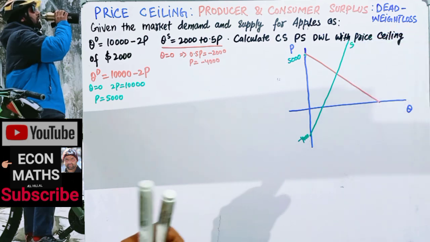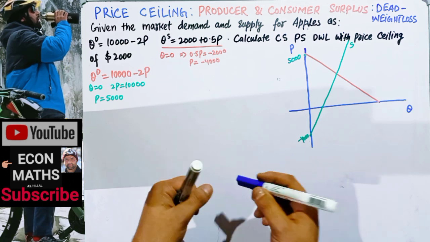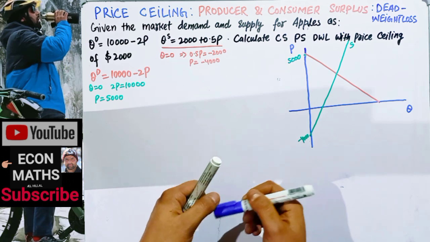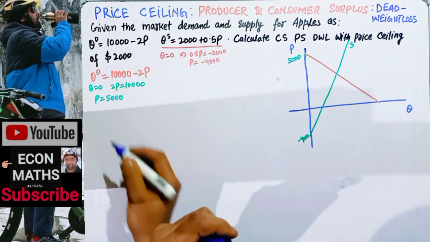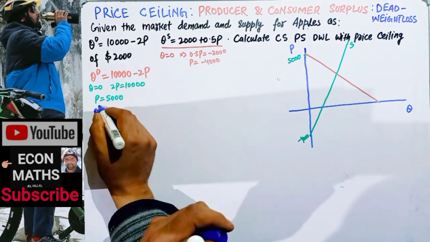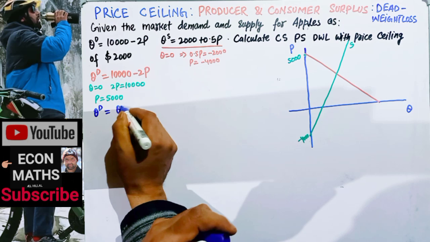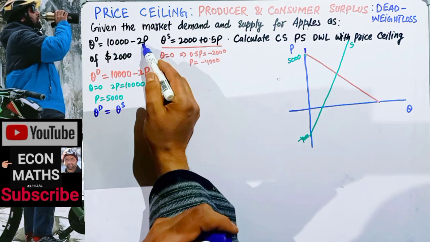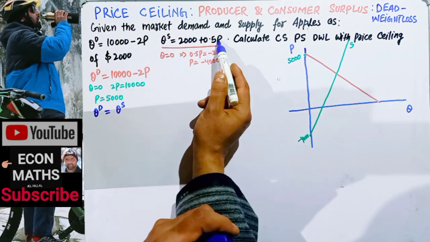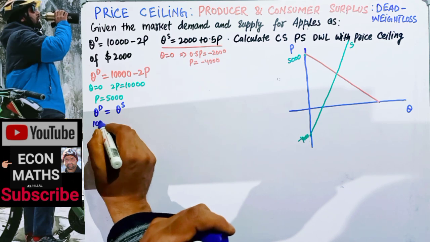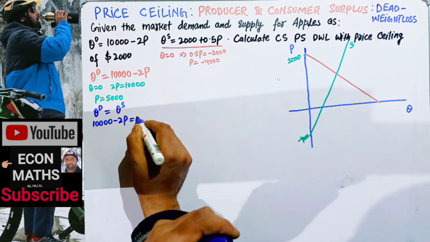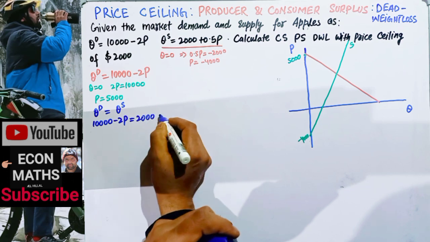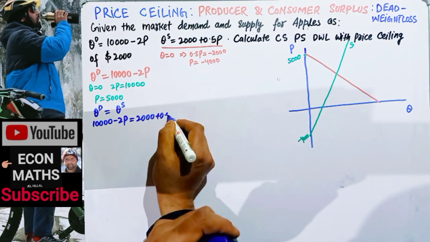Okay, now first we will find the equilibrium without the price ceiling. Equilibrium without price ceiling will mean when quantity demanded is equal to quantity supplied. Quantity demanded is this, quantity supplied is this. We equate them. That means 10,000 minus 2p is equal to 2000 plus 0.5p.